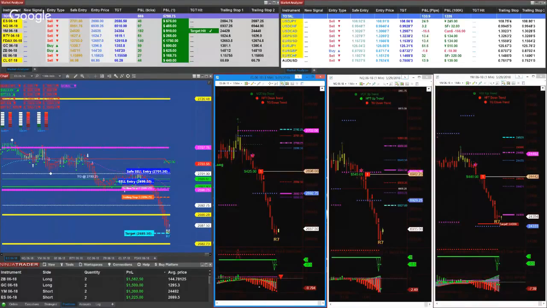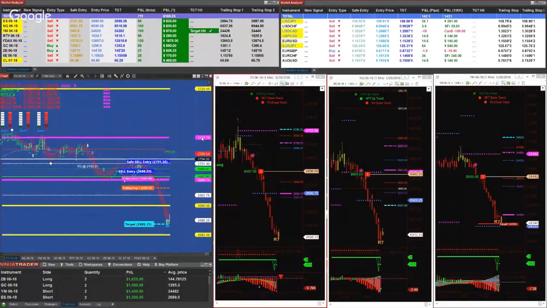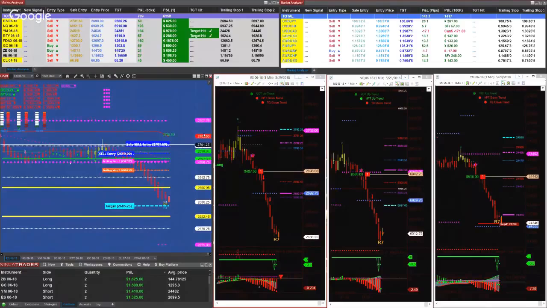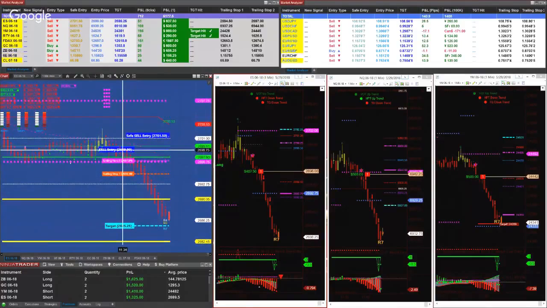And the automated signal entry is, if you notice on the market analyzer and the chart, the automated trade has it at 26.99, and I took it on the ES at 26.96 actually.